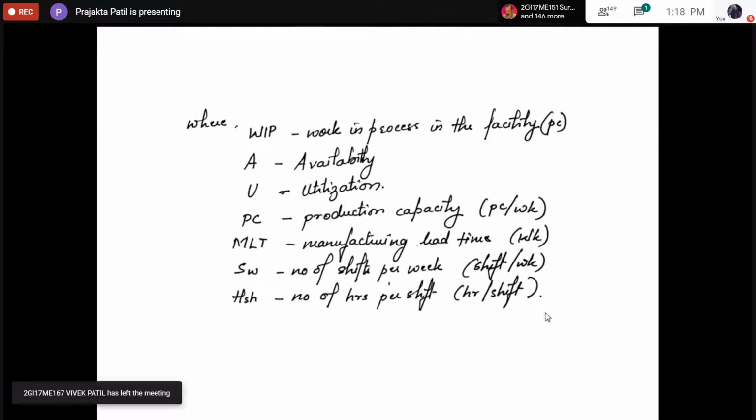All 6 parameters with their equations, I hope you have noted them down, because now I will start solving the problems, and from the attendance list, I can call any roll number and that person has to answer and give me the solution. Clear? Yes, ma'am.